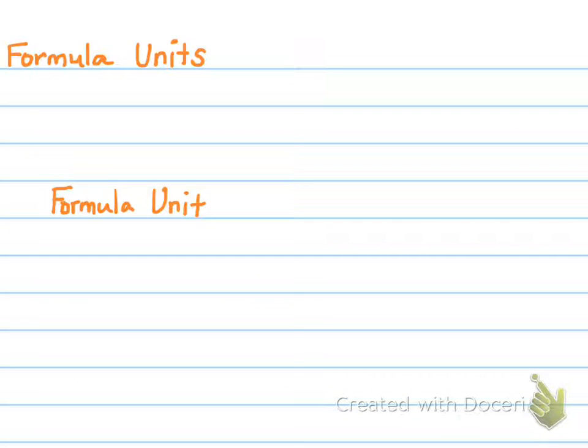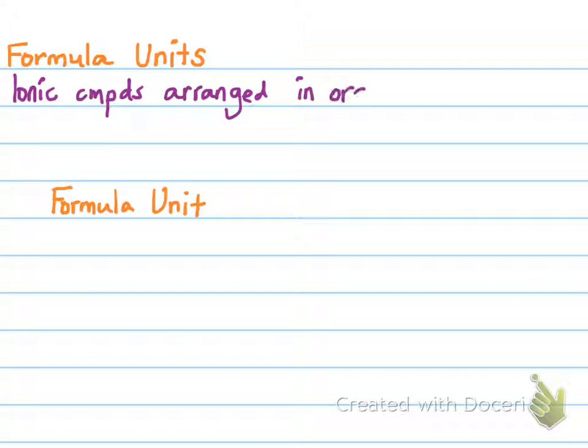Formula units. Remember when we talked about ionic compounds, we said that ionic compounds are arranged in orderly patterns. We talked about the fact that they had those repeating three-dimensional patterns. In fact, many ionic compounds are crystals.